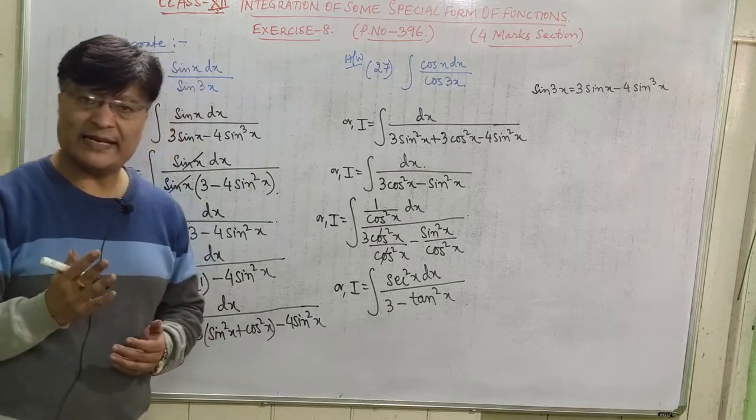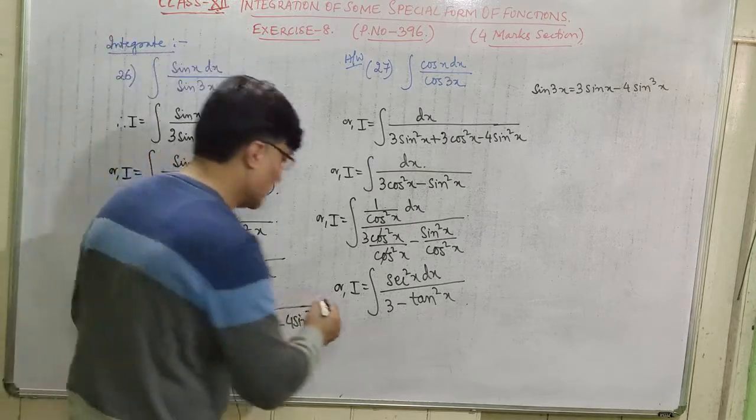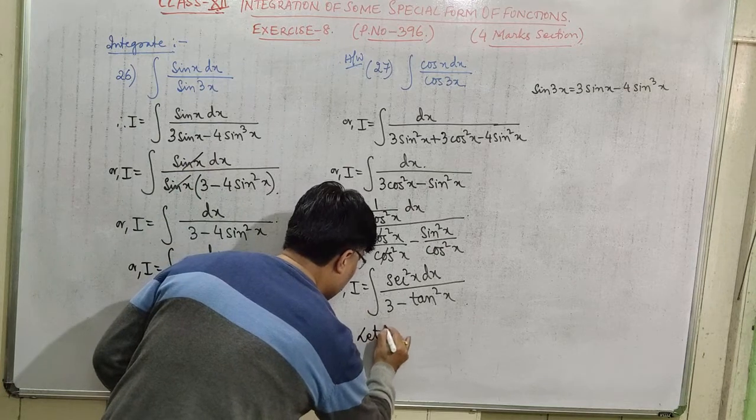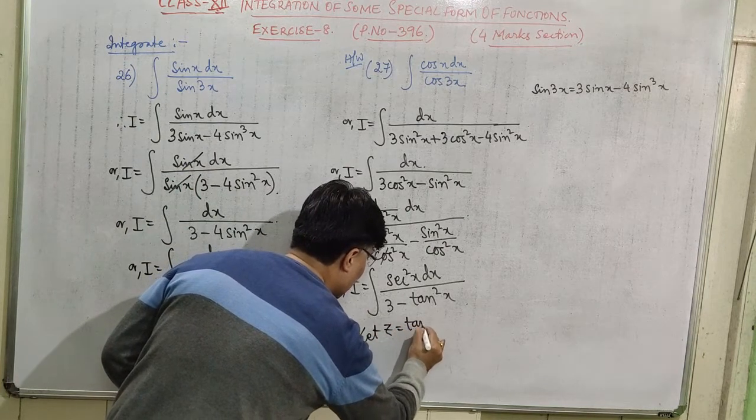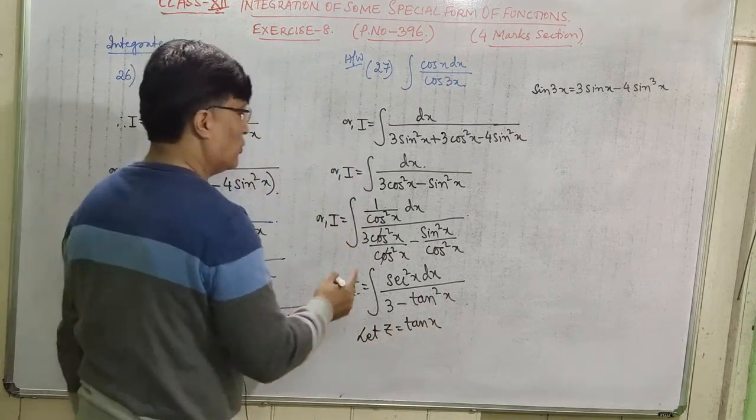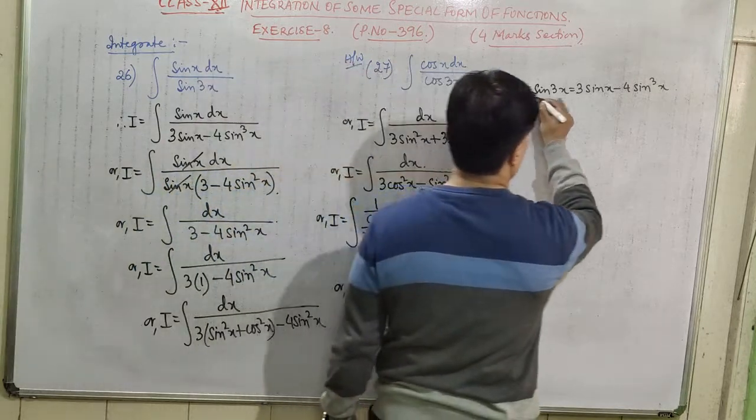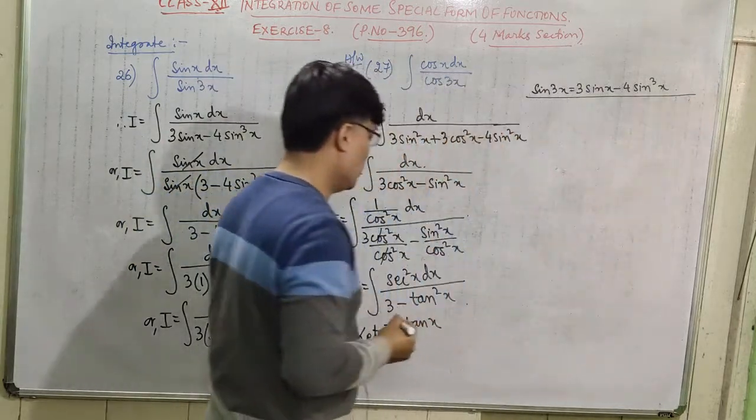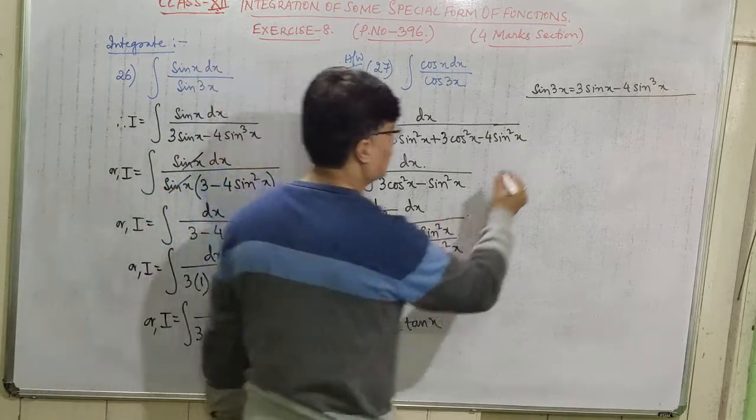Now you can do the method of substitution, because you know that the differentiation of tan x is sec square x. So let us assume, let z is equal to tan x. So we can write here, differentiating both the sides with respect to x.